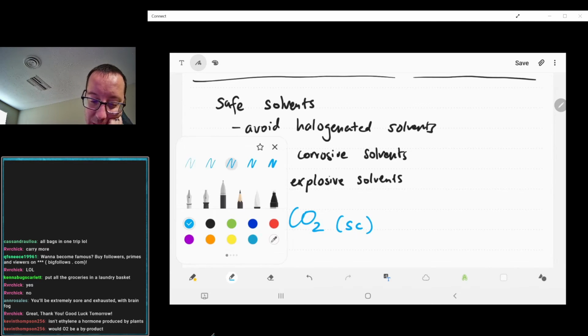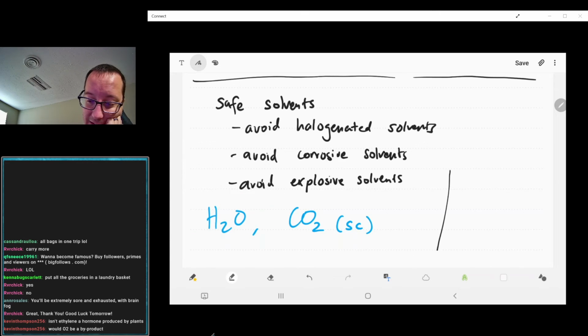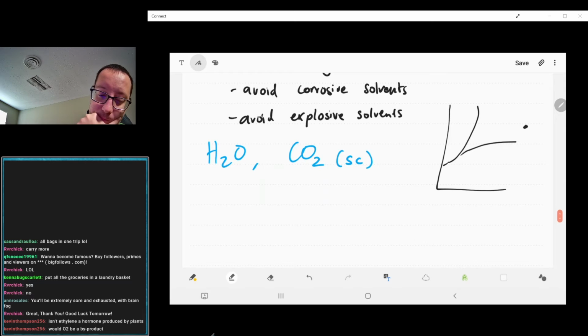If we remember way back when we talked about phase diagrams, we saw that above a certain temperature and pressure, we could get it behaving both as kind of a gas and a liquid simultaneously.